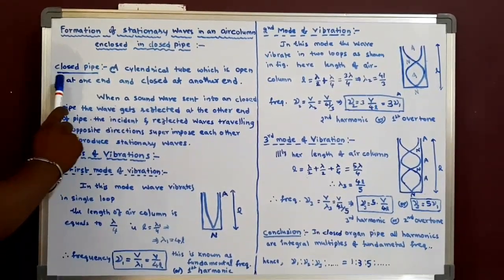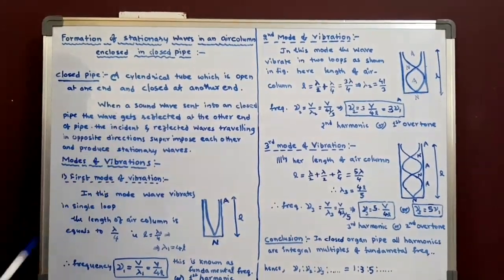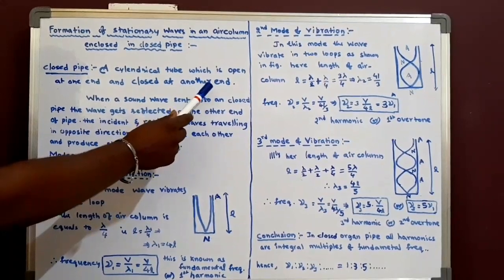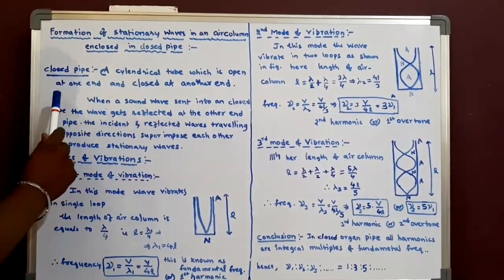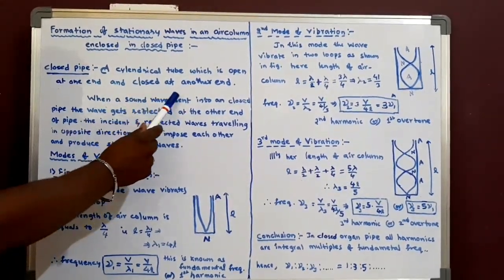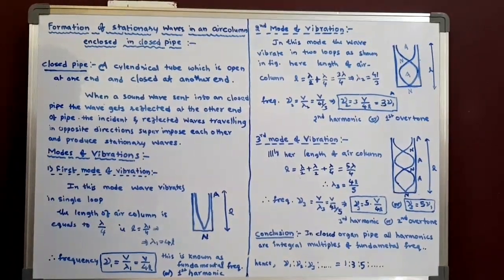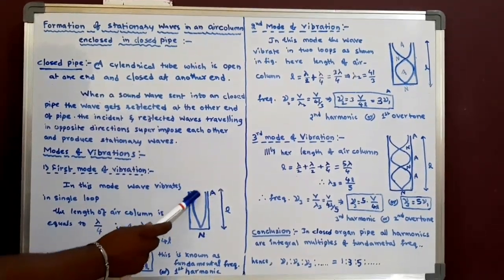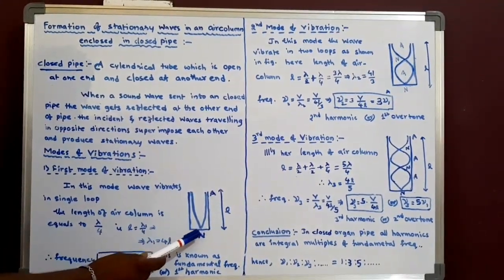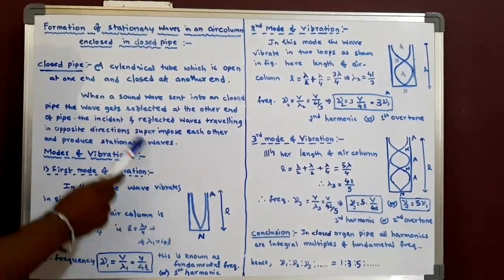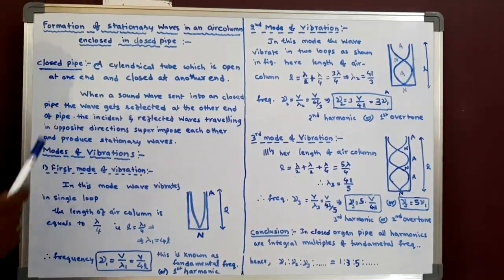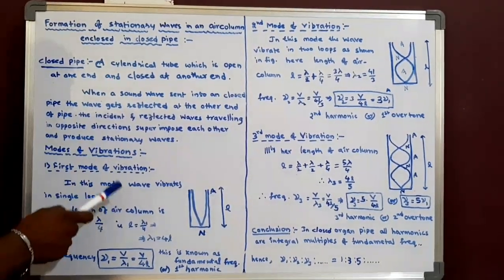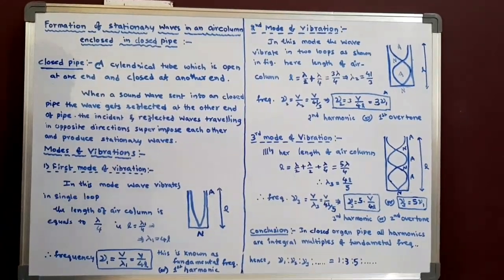Before that, first I will give the definition of the closed pipe. A closed pipe is a cylindrical tube which is open at one end and closed at the other end. Look at the diagram and you can understand. This organ pipe is named a closed pipe. The same situation applies in this closed pipe also.